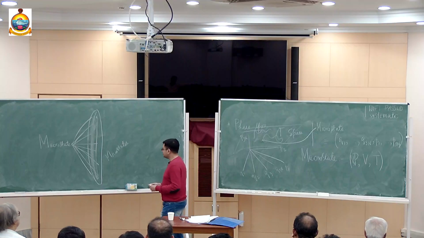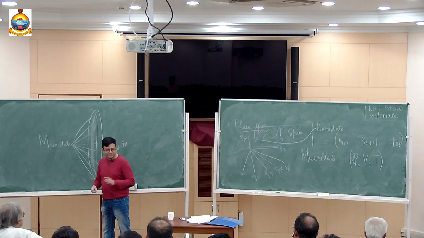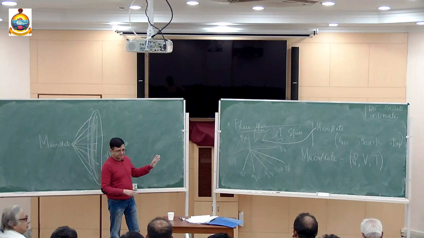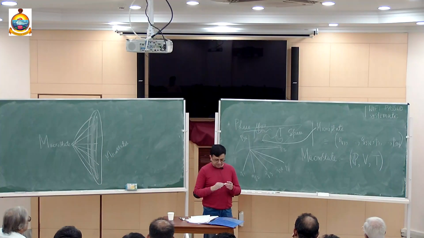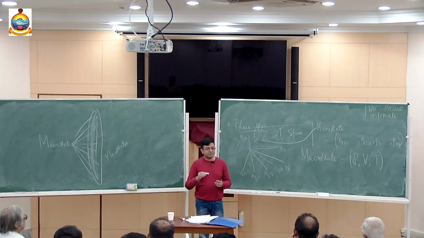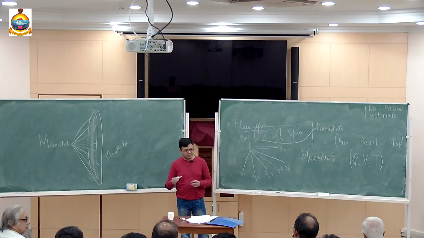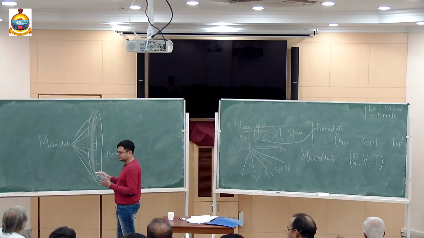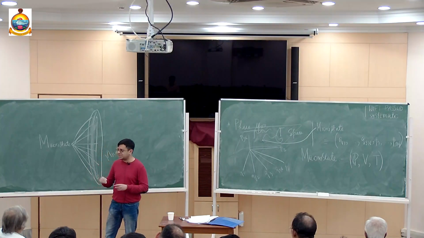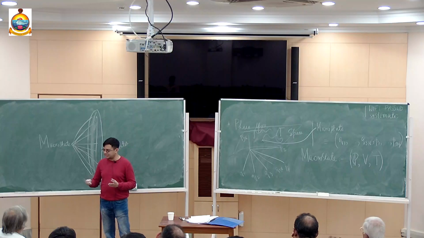Yeah, I would not call it that, but okay, you got the point: if I tell you the macrostate of the system, there is no way for you to tell me what the microstate of the system is, because there could be a very large number of microstates, especially since N is very large.